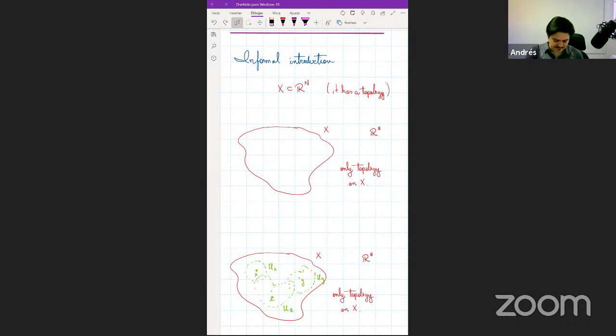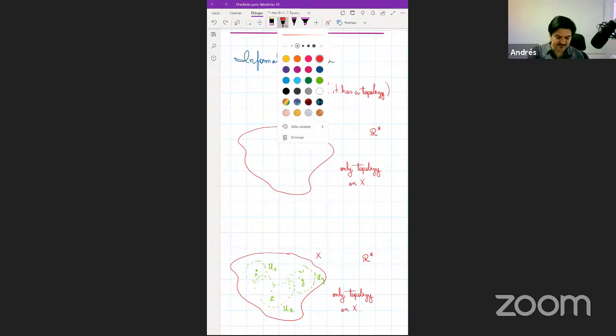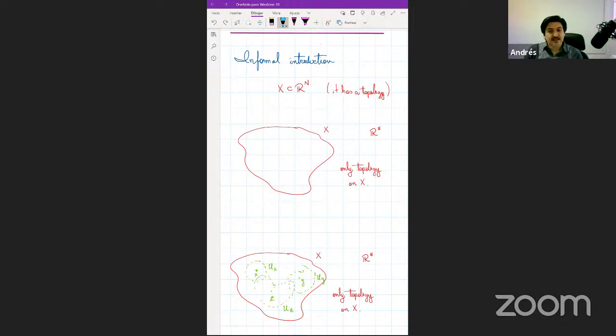Okay, so this is just going to be a brief outline. Since X is a topological space, you can talk about open sets.